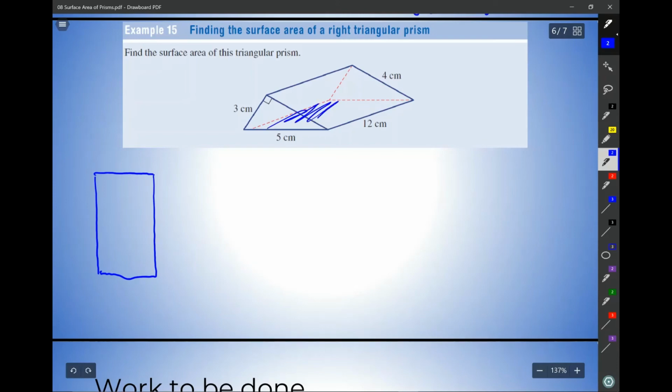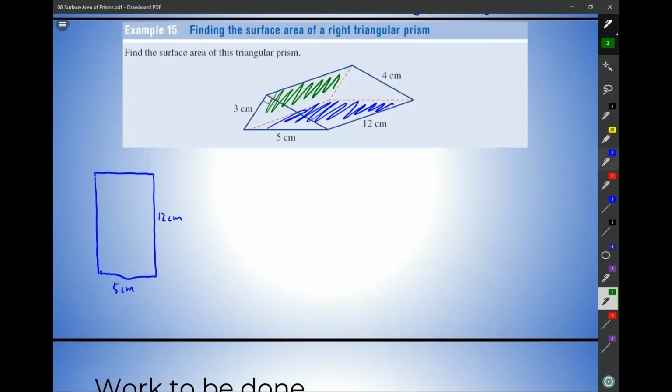That's this side here with 12 centimeters and 5 centimeters. And then you can just build off it from there. Next, I'm going to include this side, which is attached to the base, with a 3 centimeter long width.